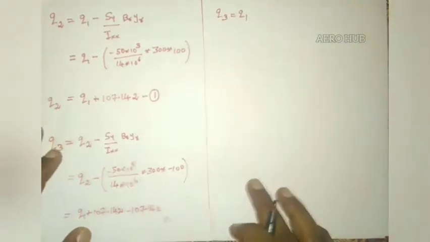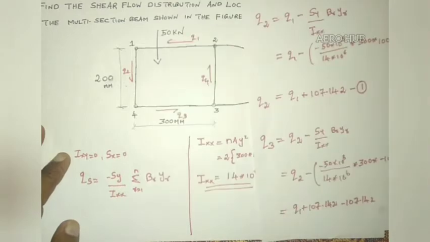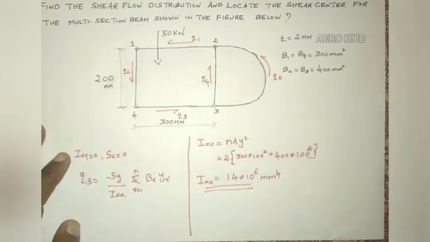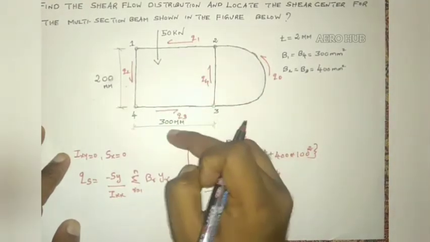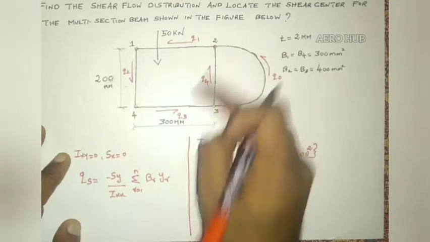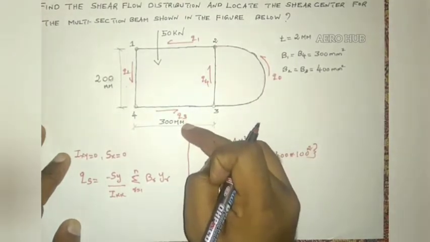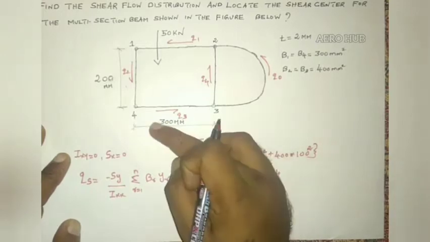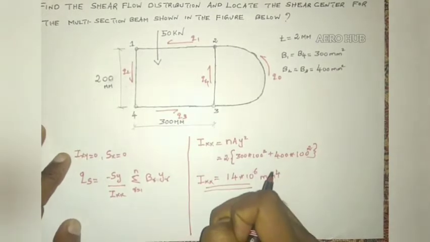You can see from the symmetry, we have a section which is symmetric here, and the shear flow for portion 1-2 should be equal to the shear flow for the portion 4-3, not Q3, for the portion 4-3.